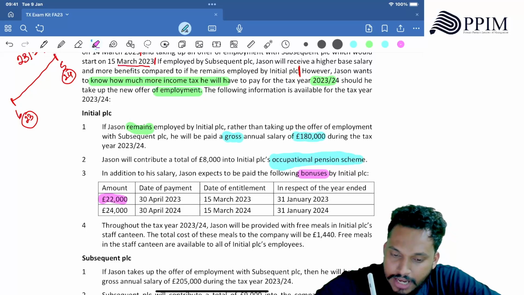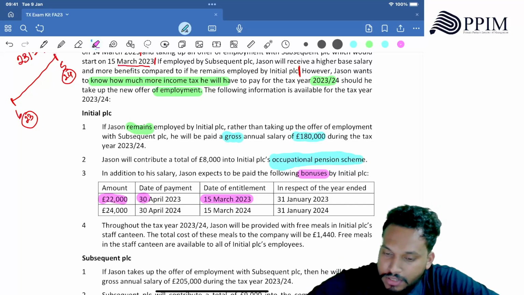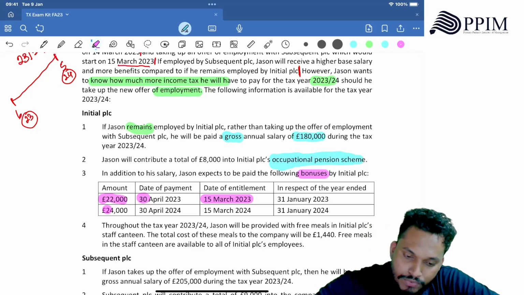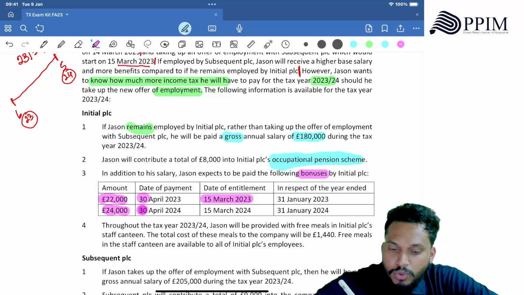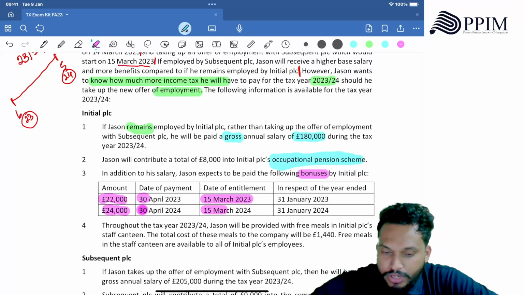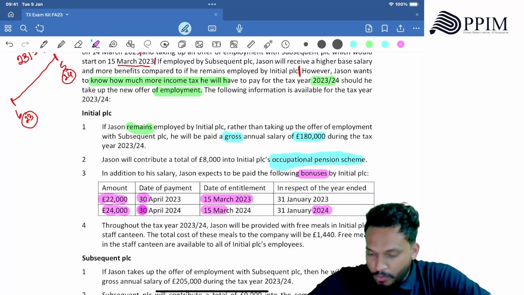The date of entitlement is 15th March, but date of payment is 30th April, in respect of the year ended 31st January 2023. But you are going to get 24,000 pounds on 30th April 2024. The date of entitlement is 15th March 2024, in respect of the year 2024.